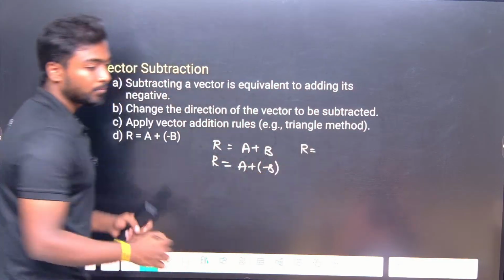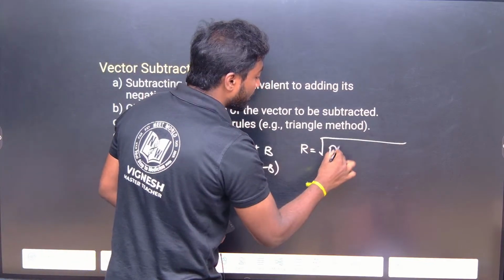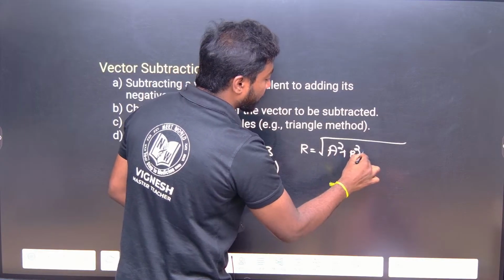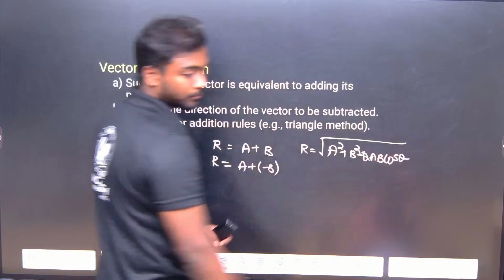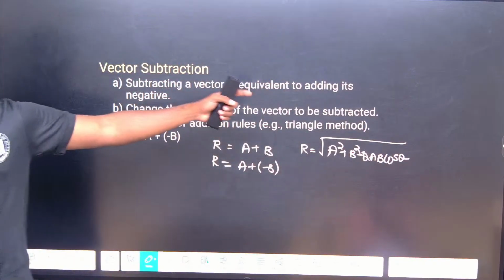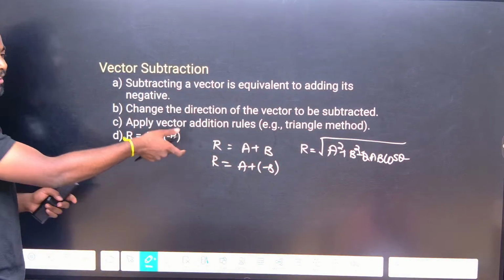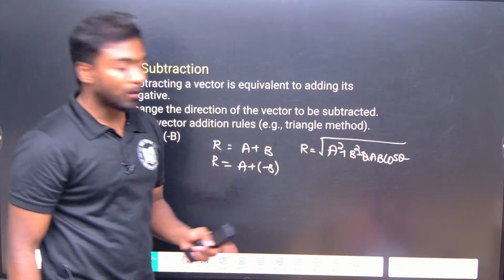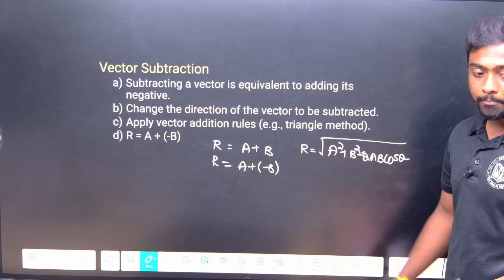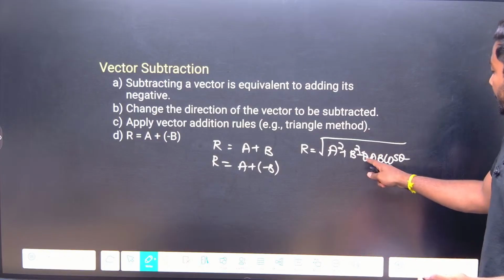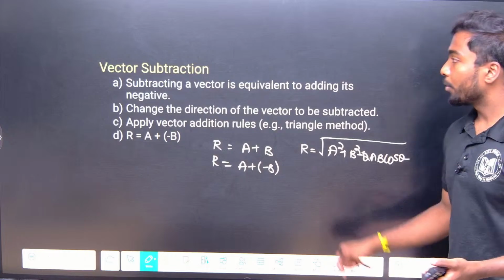R is equal to under root of A square plus B square minus 2AB cos theta. Okay, there it is plus, here it is minus. Only the vector, like I am taking in the opposite direction, that's it. Here minus B square will become obviously plus only. Yes, no? So plus 2A into minus B, so minus came. Done.